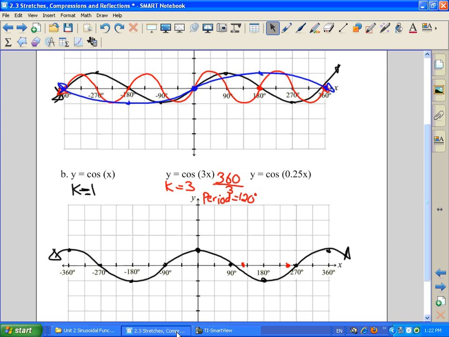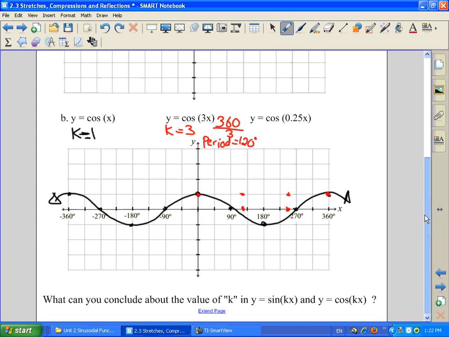Okay? So what does that mean? If you take 360 and find 120, I'm going to have a maximum here, a maximum here, a maximum here, and a maximum here. So within that time frame, we're going to go woo, woo, and woo.